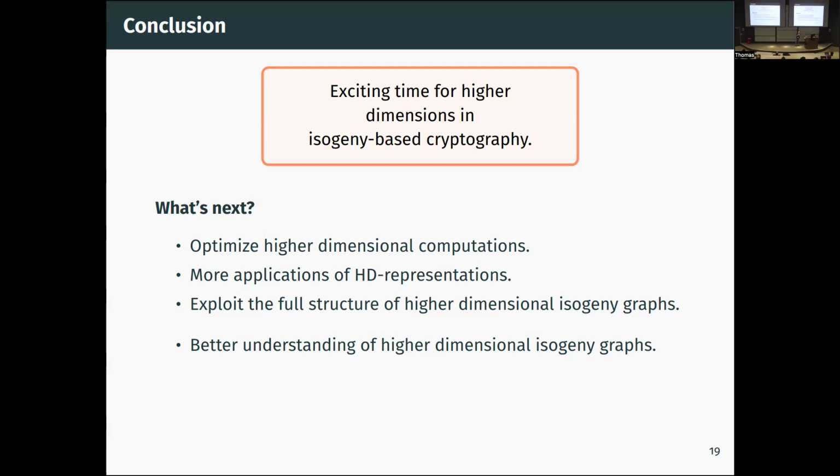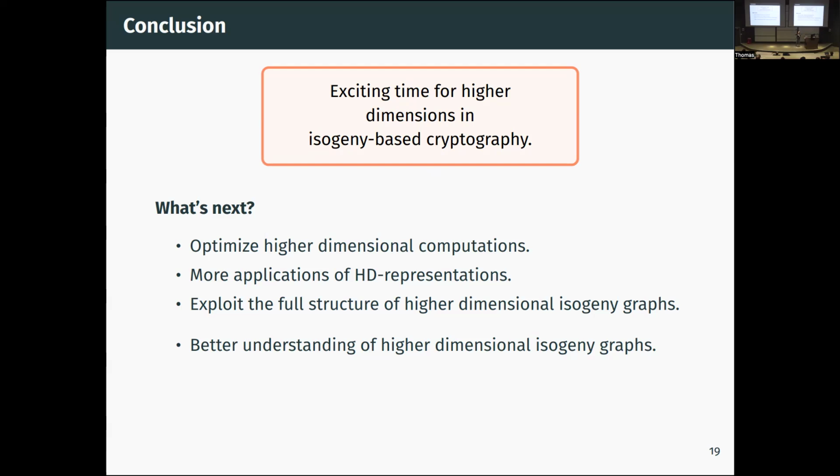What happens at the moment when we use those higher dimensional isogenies is that we always use isogenies that somehow come from isogenies in dimension 1. But those isogeny graphs in higher dimension are much larger than in dimension 1. And so there's much more structure that could be used to create new protocols. I hope that we can also find some constructive applications for this large structure of the graphs.